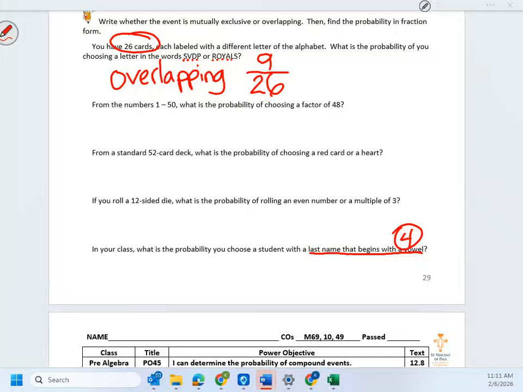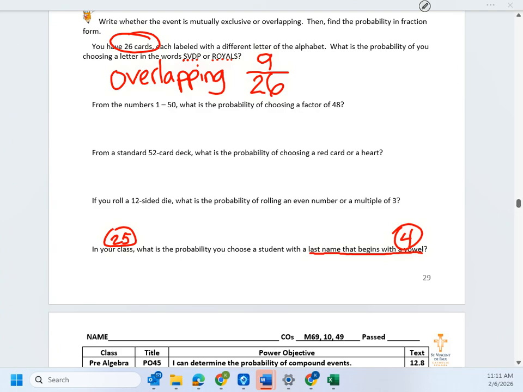Any other questions on this one? Good question. How many students are in our class? Anybody know? 25. In our class, there are 25 students. Any other questions? Okay.